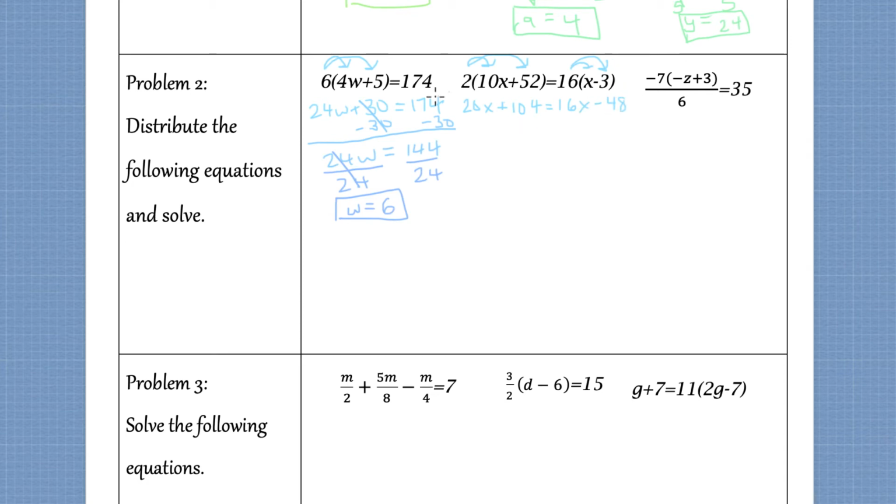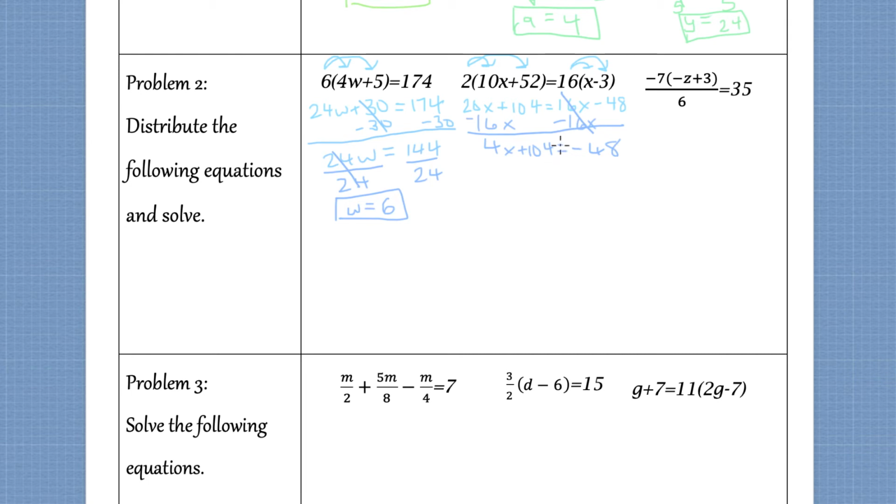That's our equation right here, and we want to get the variable term, which in this case is x, over on one side. So I'm going to move this 16x over to the right with the 20x. To do this, I'm going to subtract 16x on this side and subtract 16x on this side. 20x minus 16x leaves us with 4x, and the plus 104 we previously had, which is equal to, the 16s both cancel each other out, leaving us with negative 48.